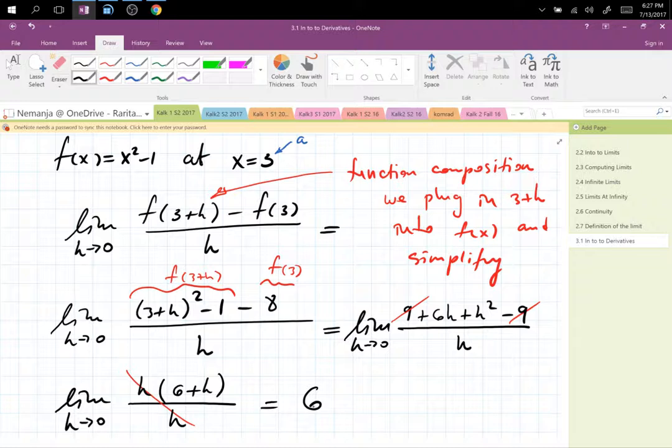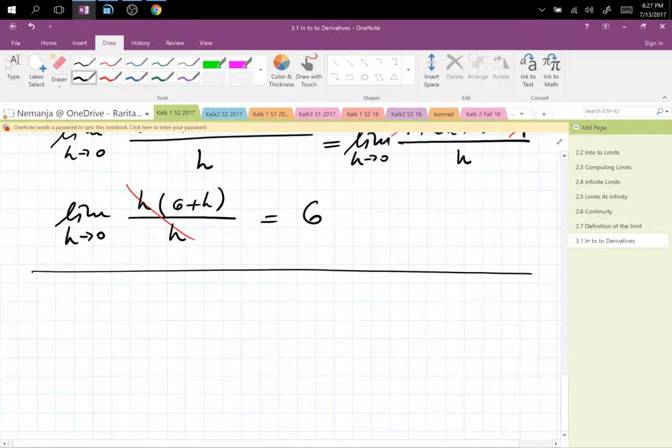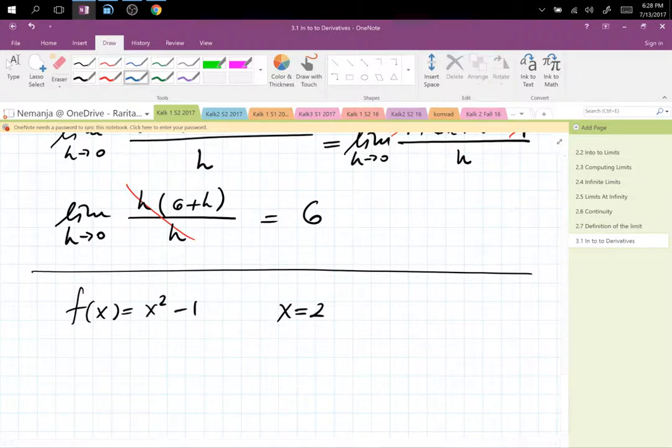So the entire calculation that you did before, just because you are changing from 3 to 2, has to be thrown into garbage, and you have to restart from scratch. Now, you know the procedure, right? So it's not that terrible, but still you are redoing the whole problem. So f of x is equal to x squared minus 1, and x is equal to 2, which is your a. So we are looking now for the tangent line at 2 instead of at 3.